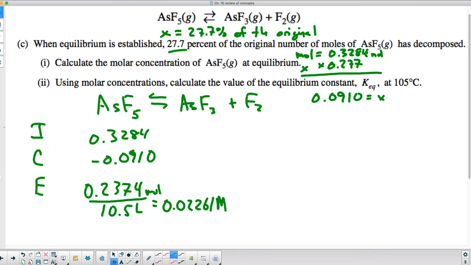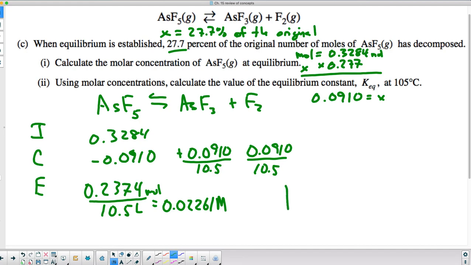Now that means that I'm adding 0.0910, right, of both of these, like that. And then each one of these has to be a concentration, so I'm going to divide each one of these by 10.5. Okay, so what does that equal?